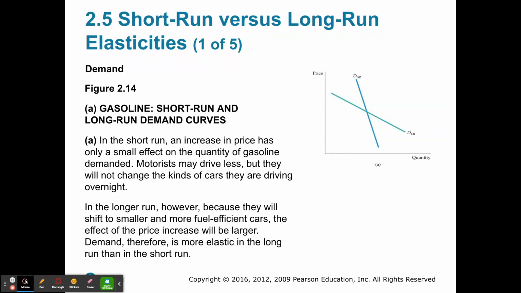And so typically speaking, the long run demand curve will be flatter than the short run demand curve. Right? So DLR, which is the demand in the long run, is more elastic than demand in the short run. The best example I can give of this would be why did I eventually buy a house?